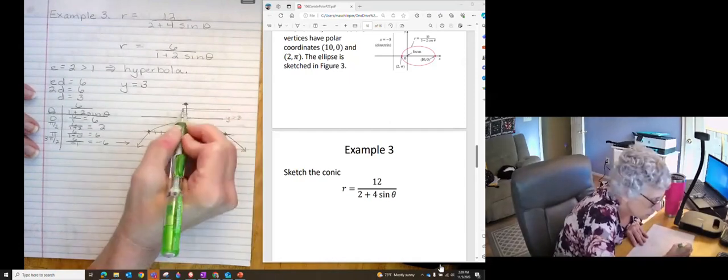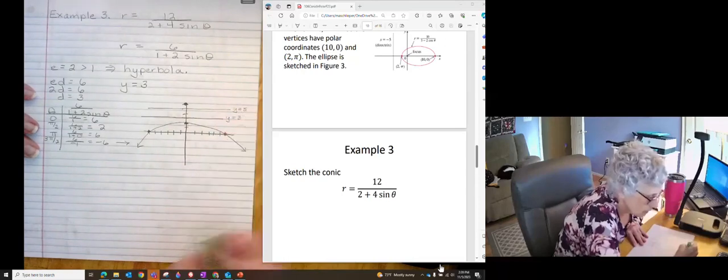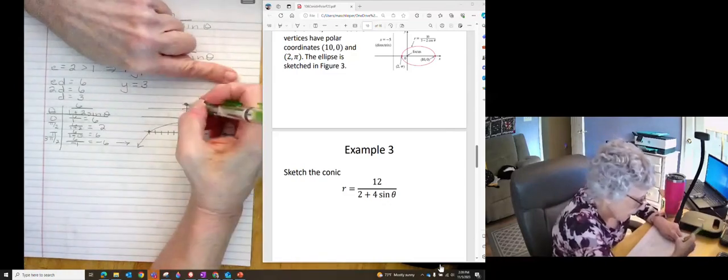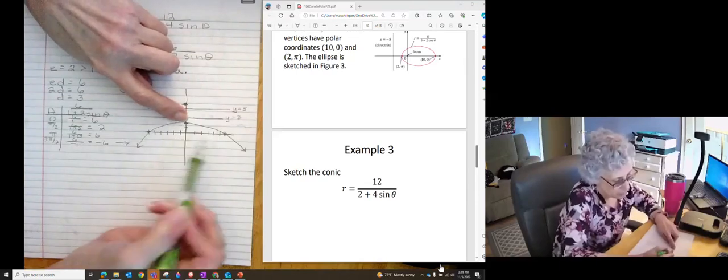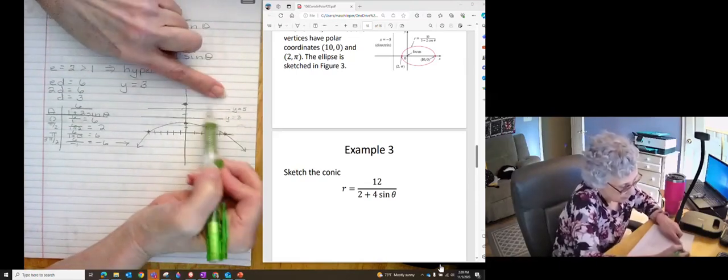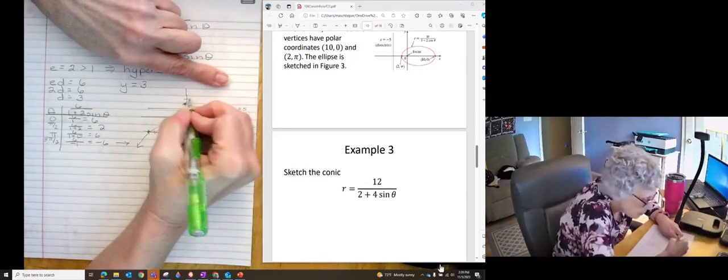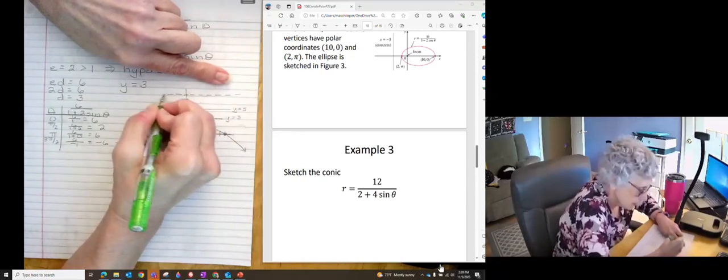So y equals 5. Then I count how many units I am. So this is 2 units above. So I'm going to be 2 units above this line. So here, here, and I'm going to draw a dashed line there.